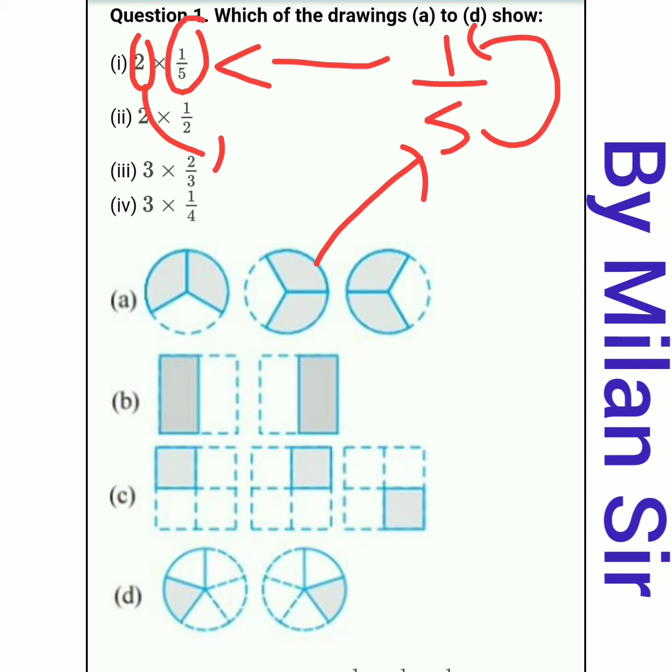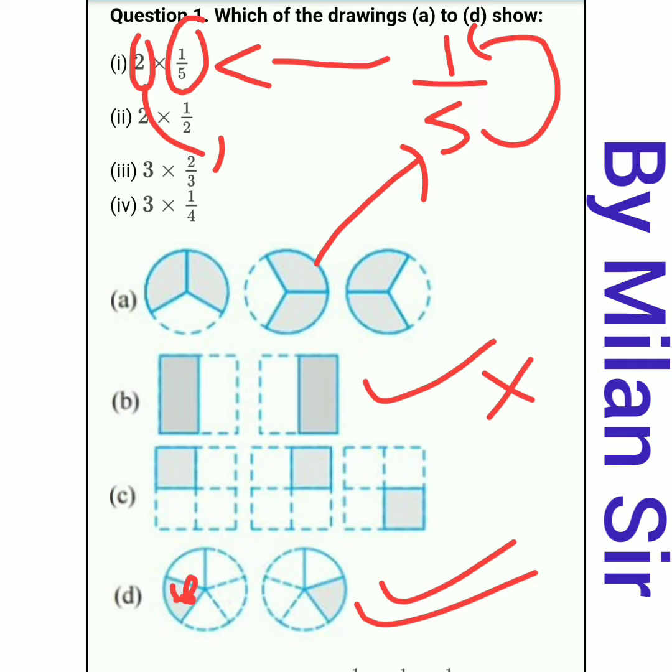So 2 figures are present in options B and D, right? Now find the figure which has 5 parts in it. That is option D, because in option B only 2 parts are there, in option D 5 parts are there, and out of that only 1 part is shaded.